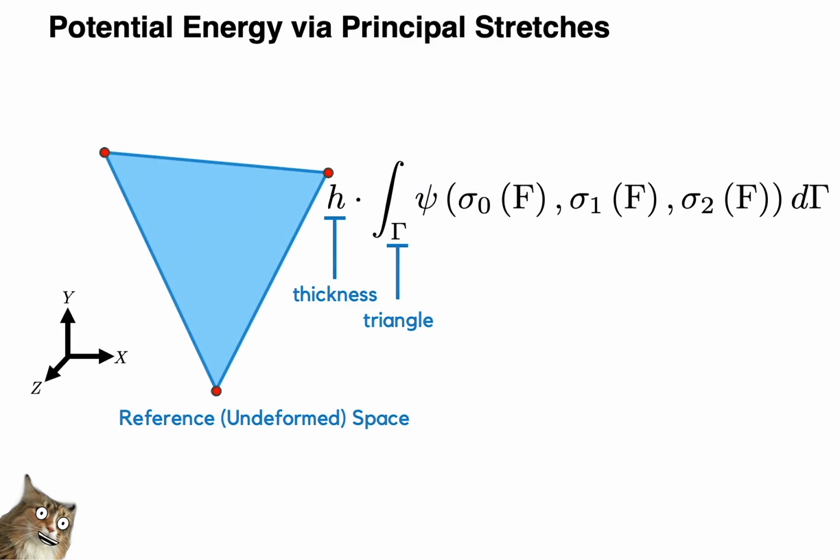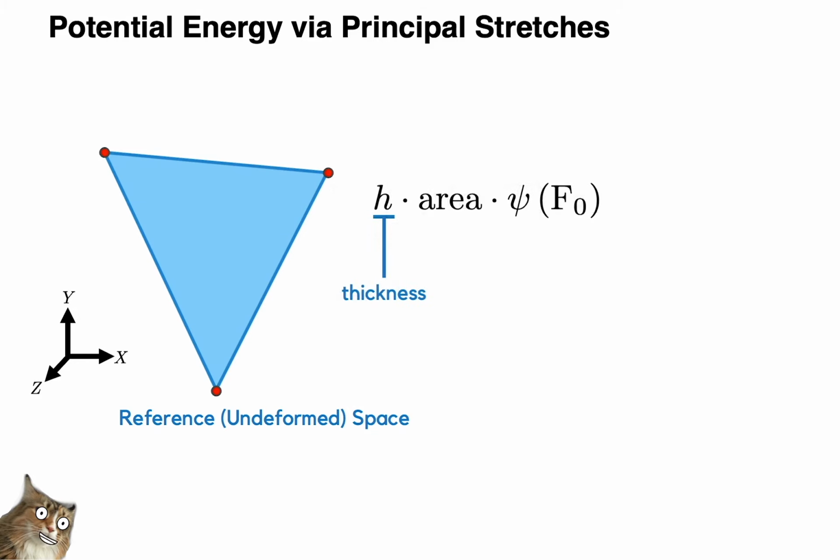Now that we have a strain energy density function, we can finish building our potential energy. What remains is to compute this integral. Fortunately, our deformation gradient is constant over our triangle, and so is the strain energy density. Integrating a constant function over our element can be done analytically, which leaves us with the following straightforward formula for computing potential energy.